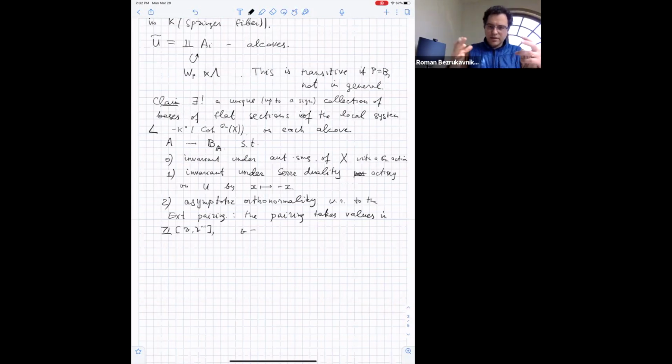So I'm taking Ext in the derived category for two Gm equivariant sheaves, I take Ext between them as a sheaf, and the equivariant structure induces an additional grading. So I can take the equivariant Euler characteristic again and get a Laurent polynomial.